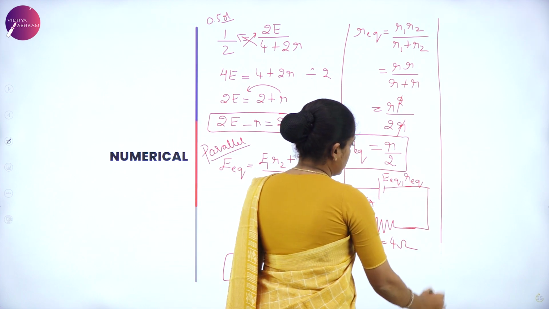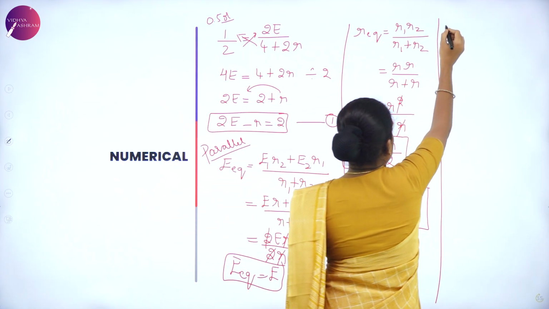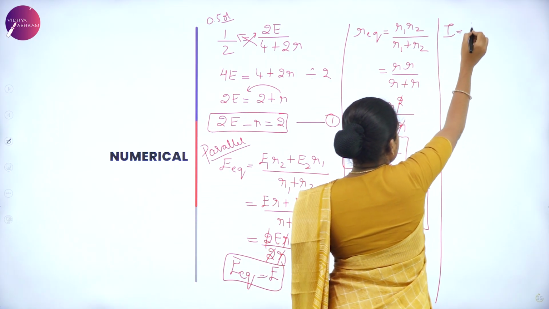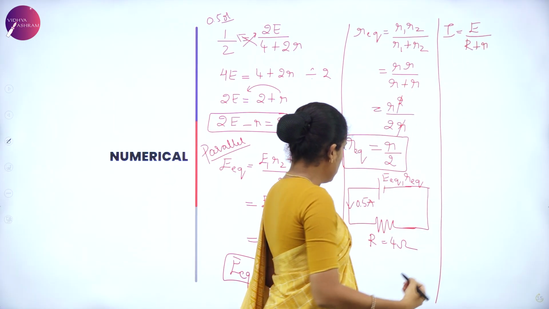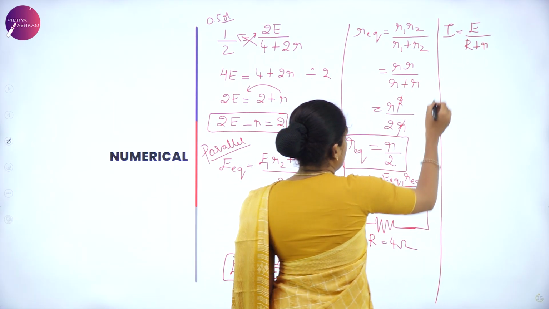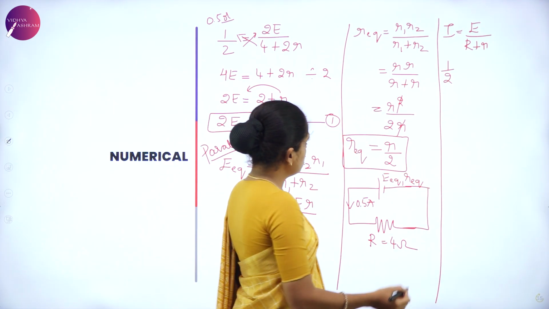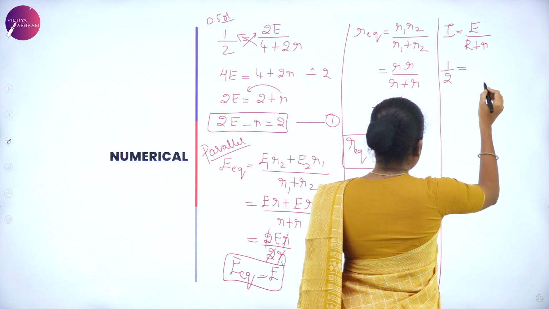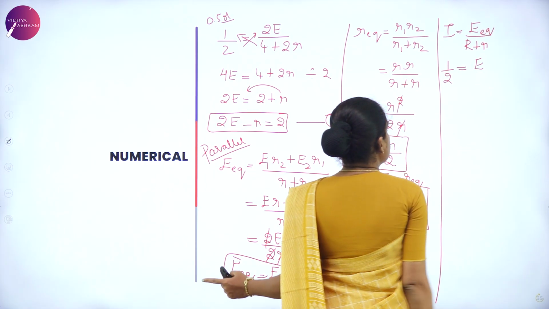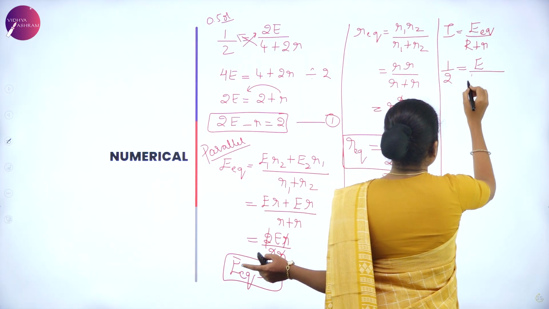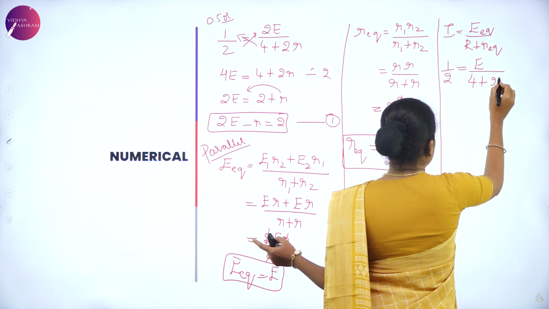Now, in the simple circuit, let us find out the current. Current in simple circuit is given by E by R plus r. What is the I value in the circuit? 0.5, which we can write as the fraction 1 by 2, equal to E equivalent in parallel, which is E, divided by R value 4 plus R equivalent value R divided by 2.